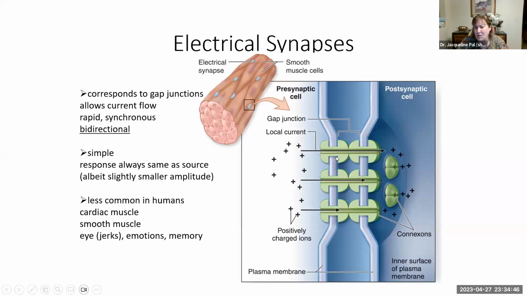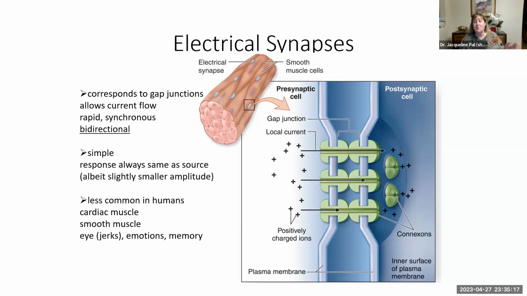In an electrical synapse, look at these green things. Do they remind you of those intercellular gap junctions? Do you see the little openings, the little connexons? That's because that's exactly what they are. So you have gap junctions connecting two cells. And so any kind of current flow that happens in the presynaptic cell, those ions can flow directly into the postsynaptic cell almost immediately.